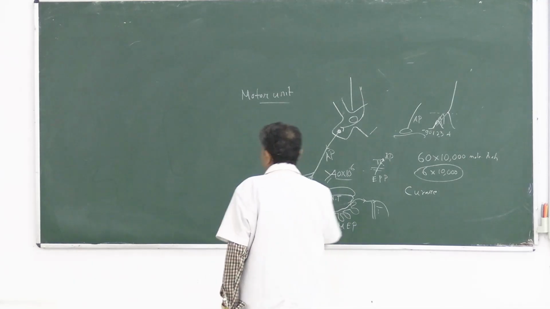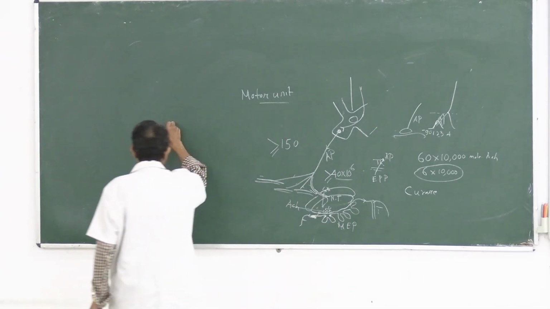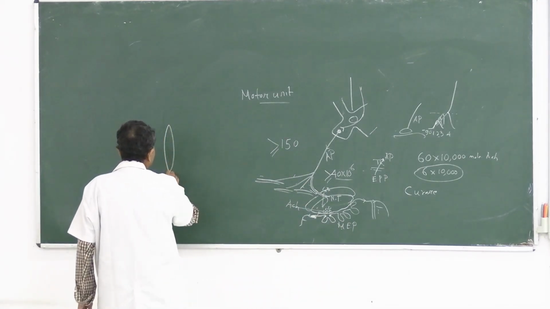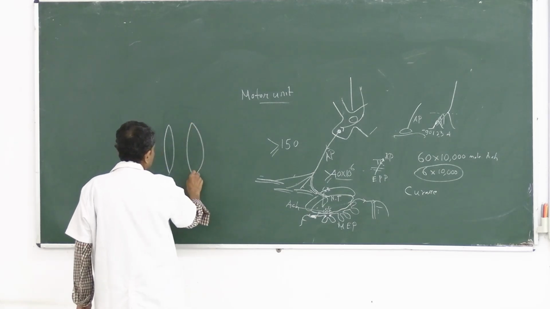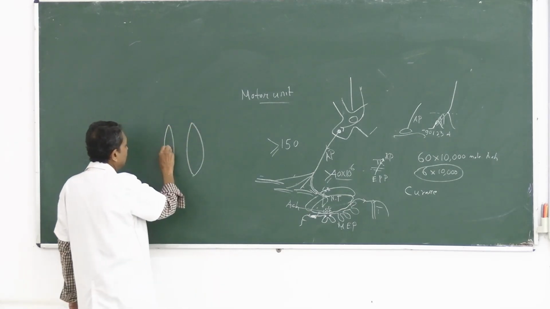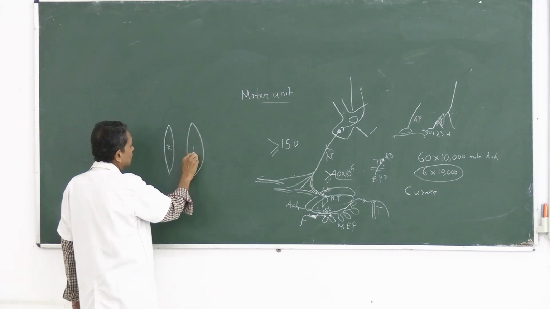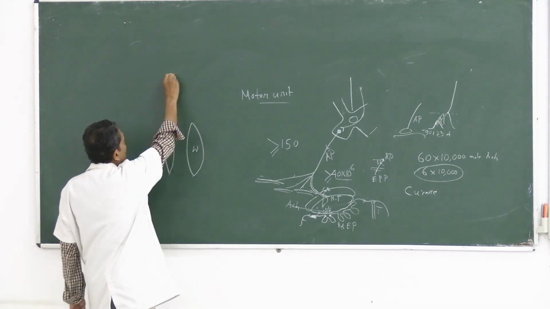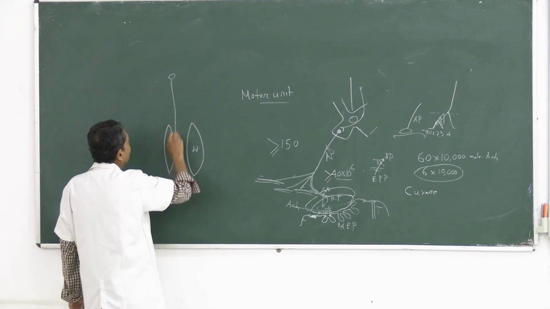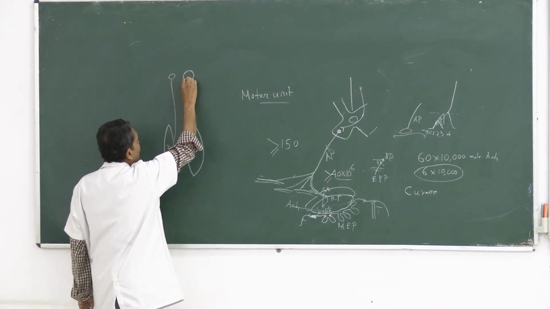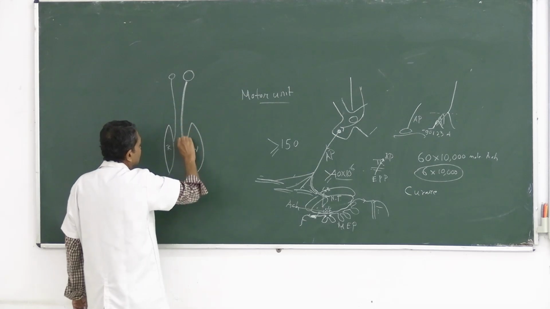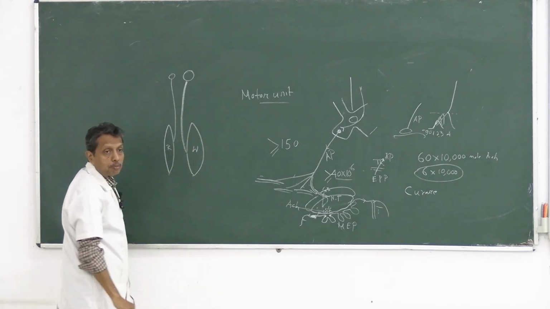Suppose in case of a red muscle of this dimension and a white muscle of this dimension. So it is a relatively smaller and a relatively larger muscle, with a smaller and a larger nerve cell body. It is called the size principle.